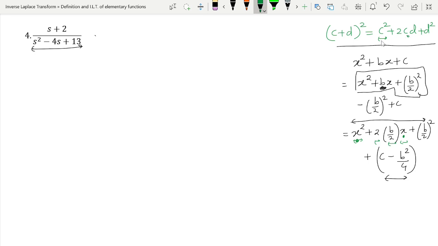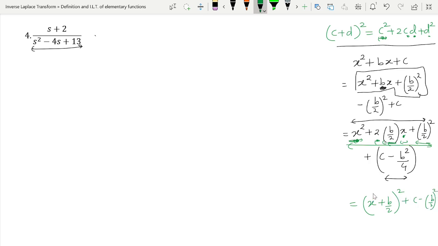So over here c is there, its square is present over here, d is there, its square is here, 2 is also here. So x square is present here, now b by 2 square is present over here. So definitely we can complete a square, and this is equal to what? x plus b upon 2 whole square plus c minus b upon 2 whole square.